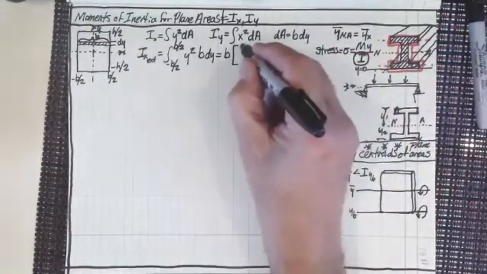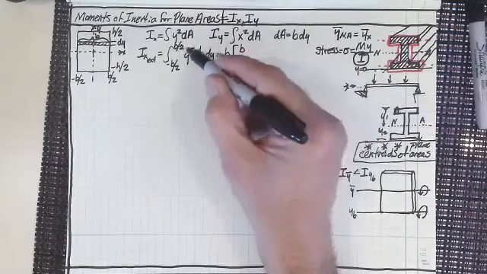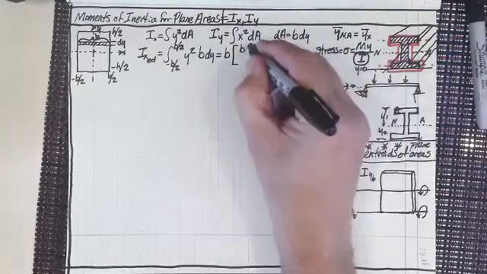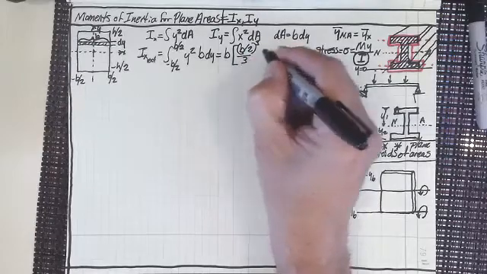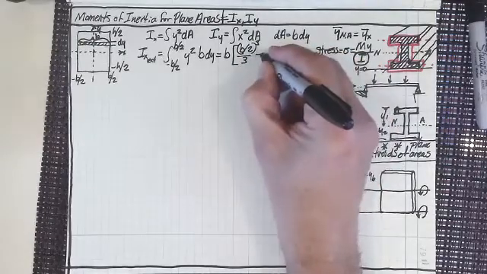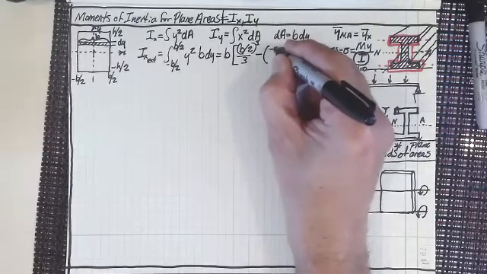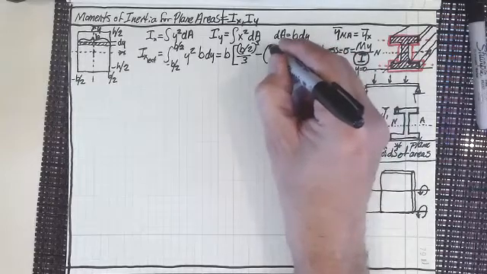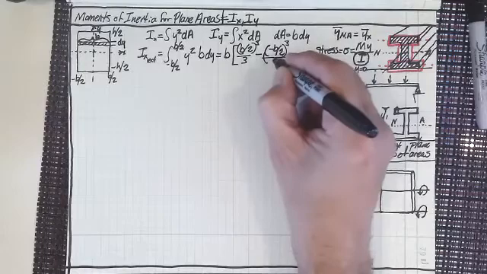So that's going to be b, wait a second, y cubed over 3. And so that's going to be b over 2 cubed over 3 minus, I should have just put that there, minus b over 2 cubed over 3.